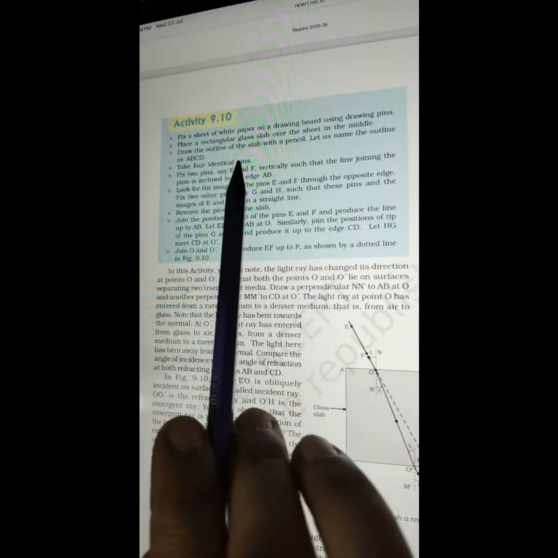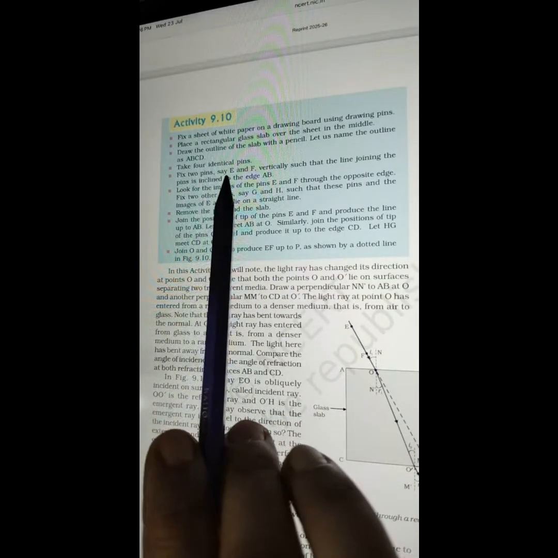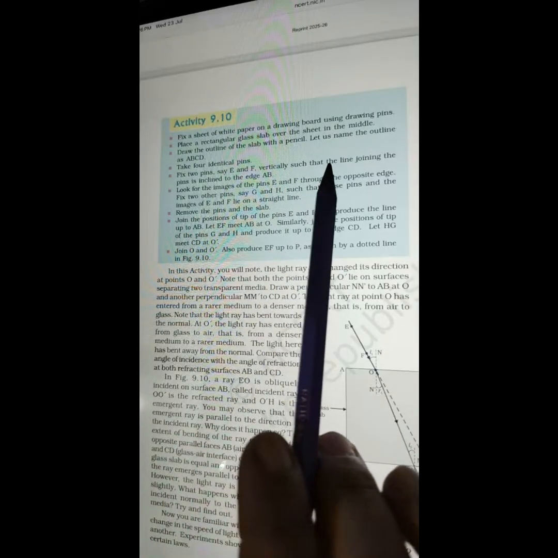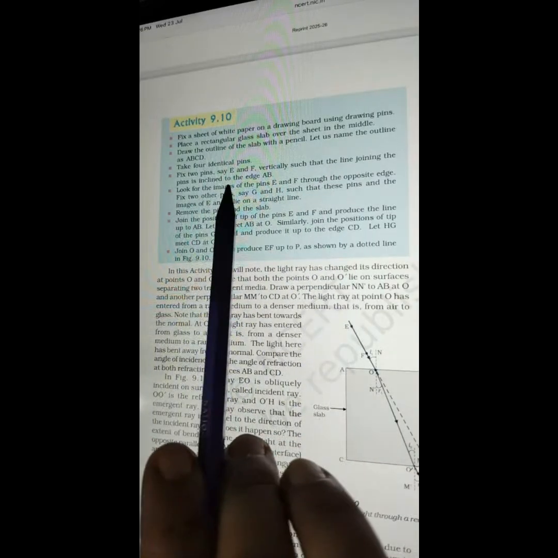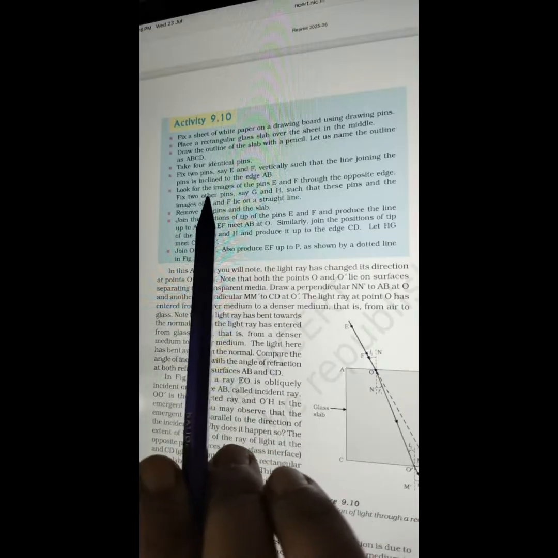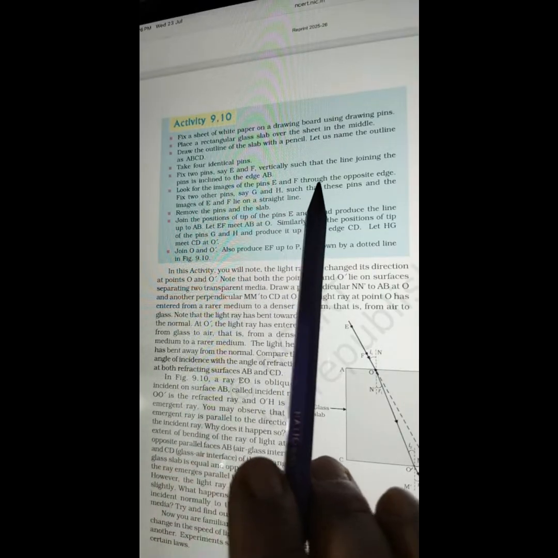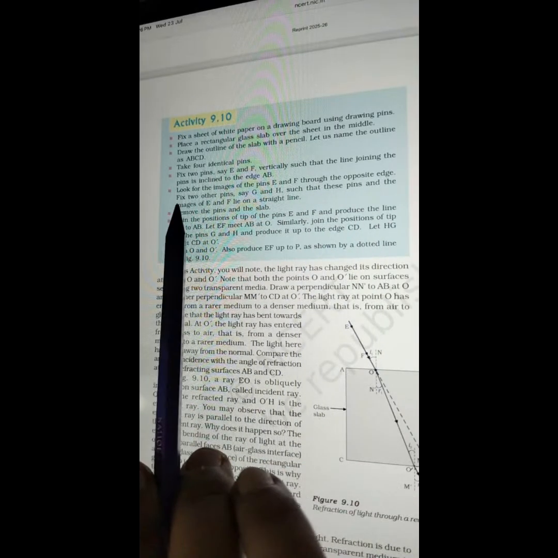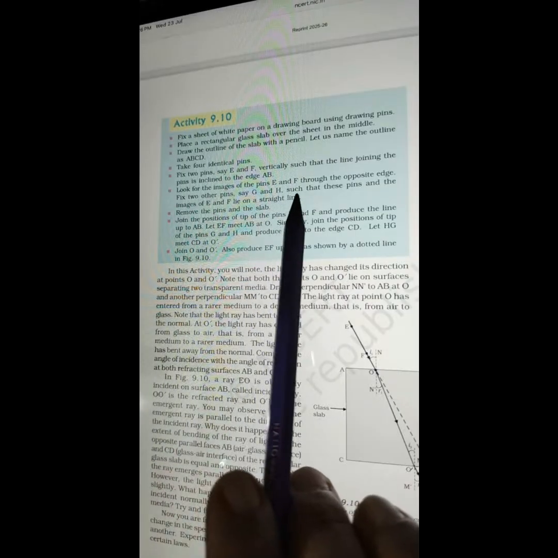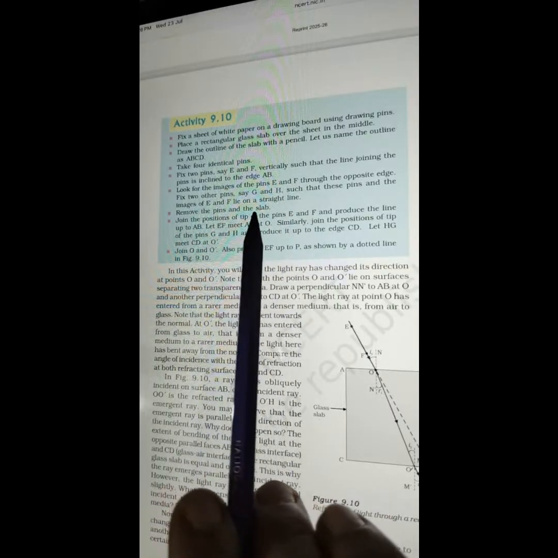Take four identical pins. Fix two pins, say E and F, vertically such that the line joining the pins is inclined to the edge AB. Look for the images of the pins E and F through the opposite edge. Fix two other pins, say G and H, such that these pins and the images of E and F lie in a straight line. Remove the pins and the slab.